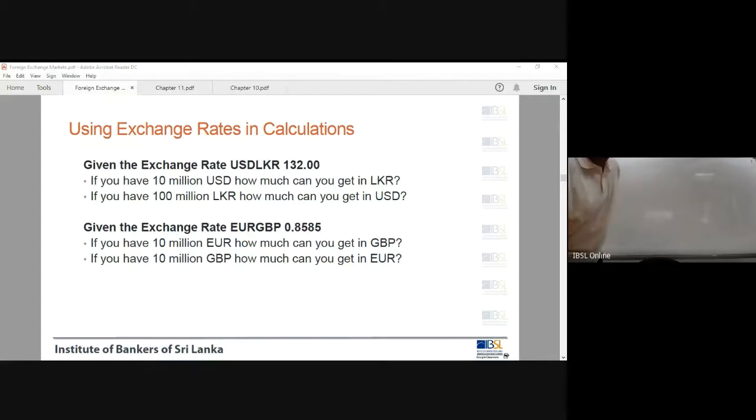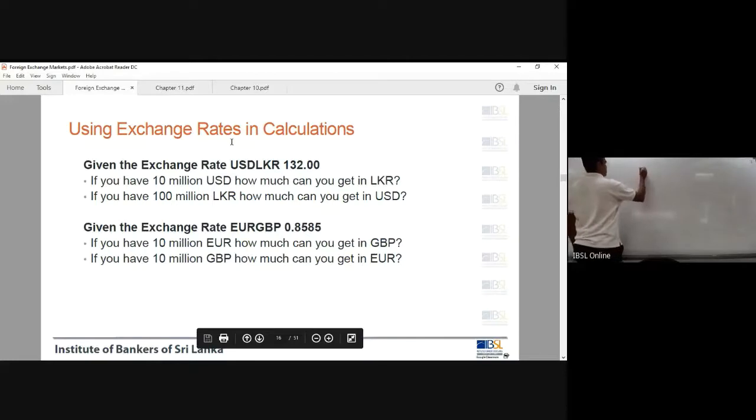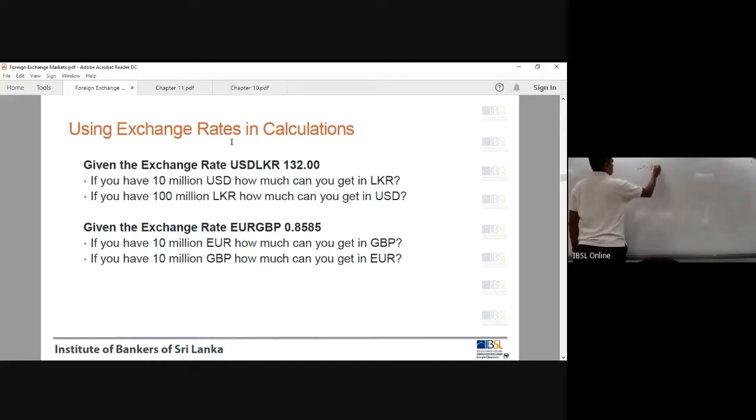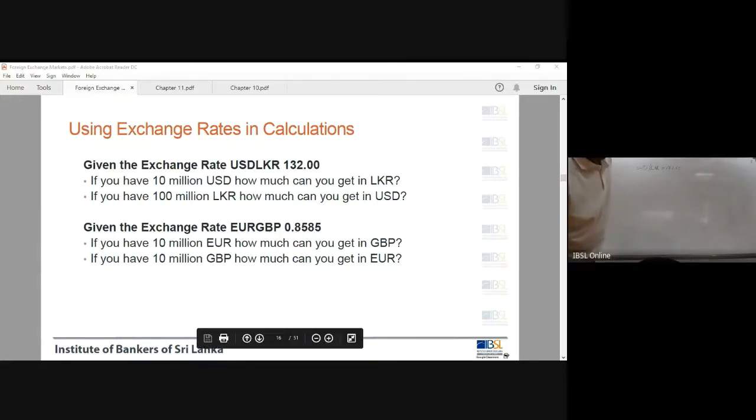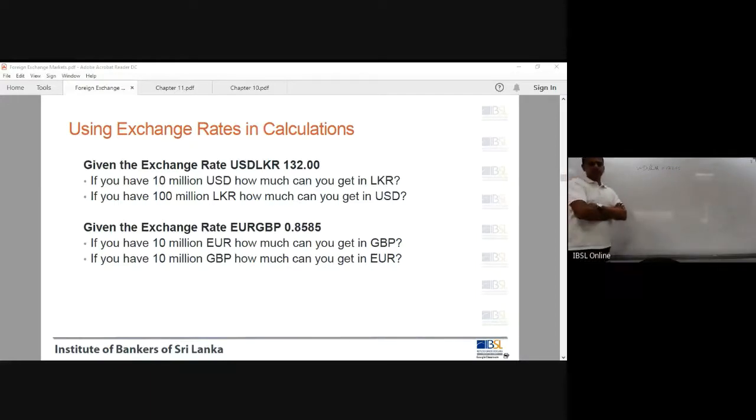Okay, good. So the exchange rate is 132. Now, what is the base currency? Simple question. Base currency is the dollar. So this is the base. And which currency is stronger?